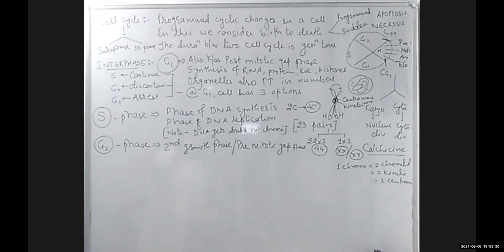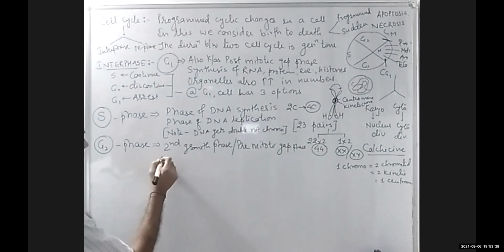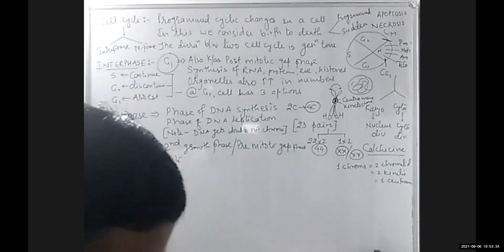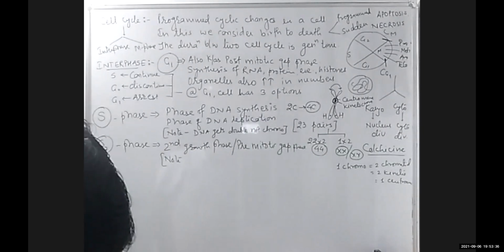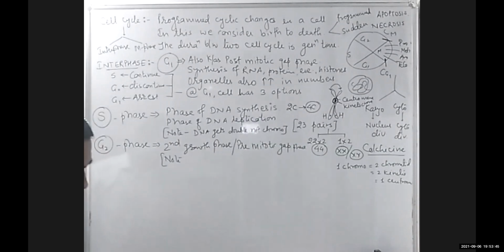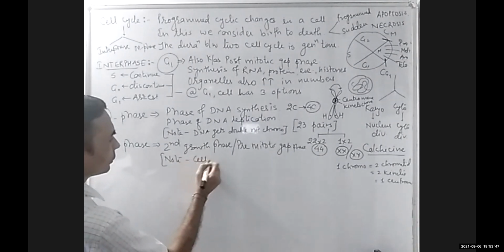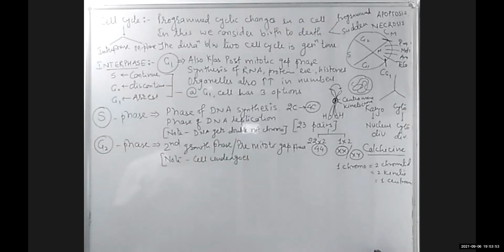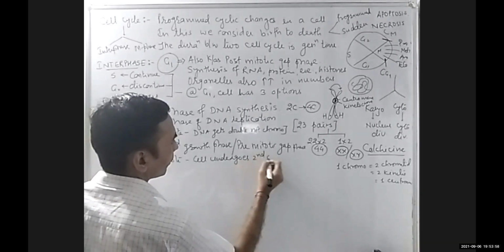Let's go. So second checkpoint here, note. Let me check, in NCERT what else would they have written in G2, tubulin protein, just that, and that's it. Cell undergoes the second checkpoint. What is this?